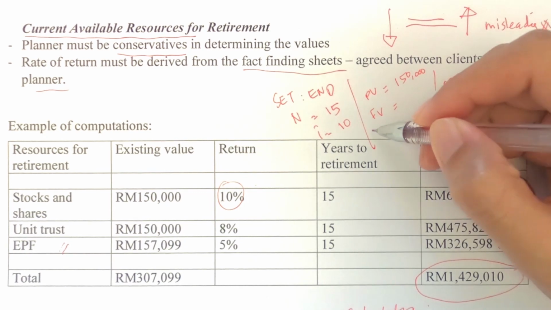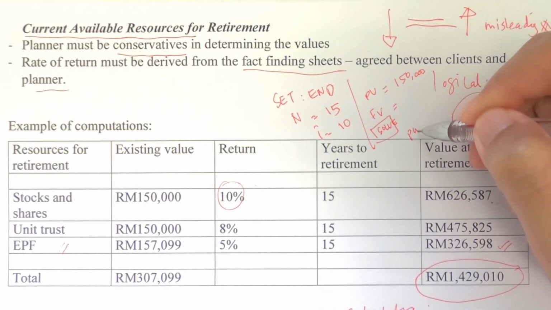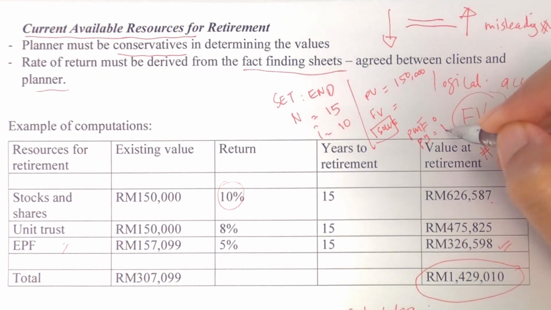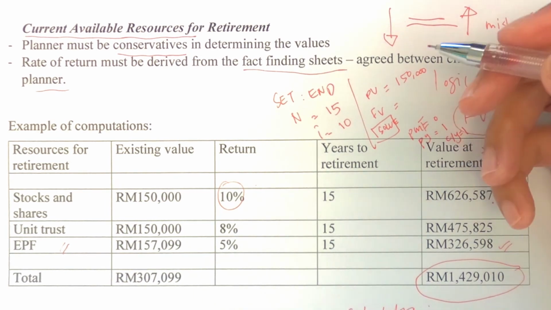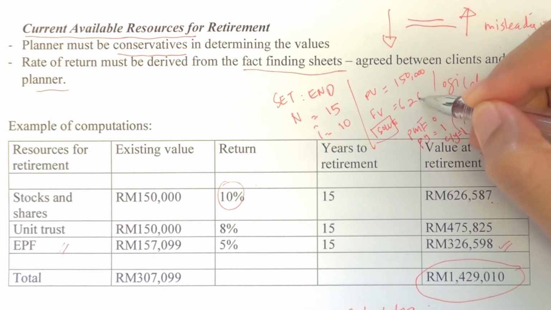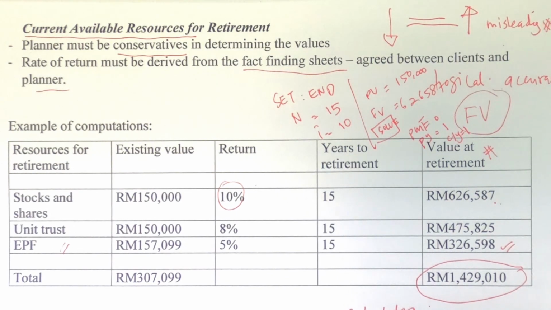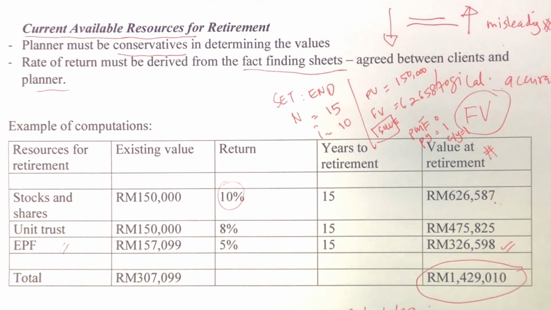The FV is the one that you are going to solve. PMT is 0, P/Y is 1, and C/Y equals 1. And you solve the FV, and you get here 626,587. Okay, the similar procedure also applies to the other resources for retirement.